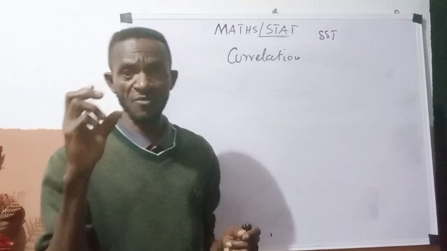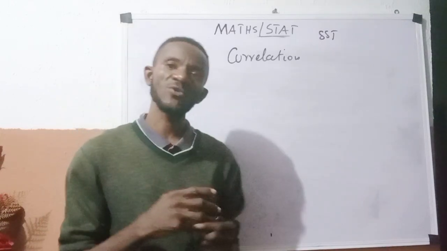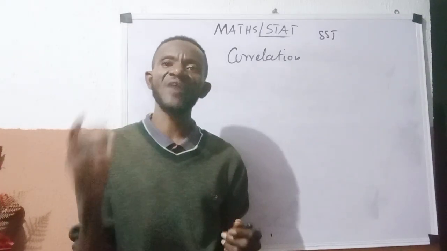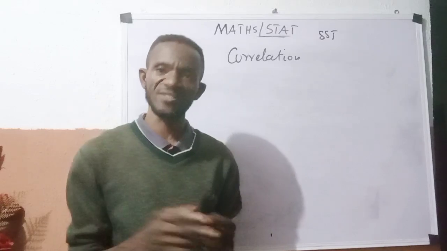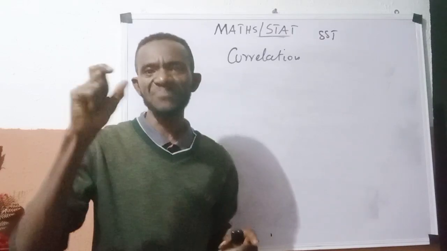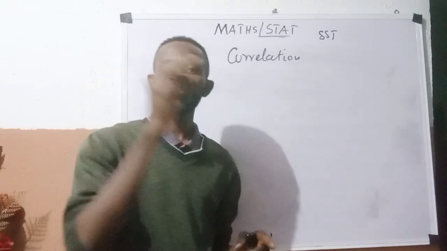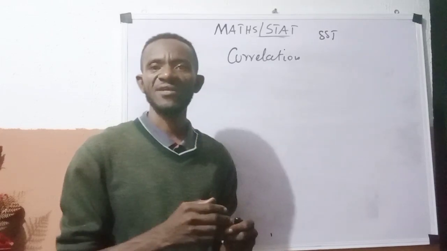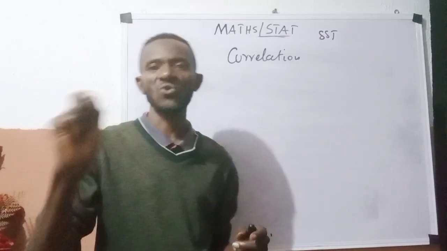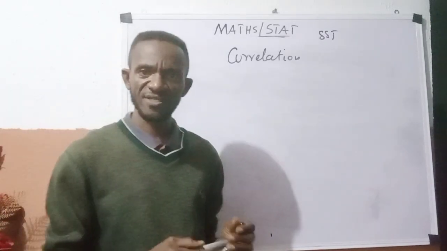There are two major formulas that we use to obtain those values. Those two formulas come from two persons: the Pearson moment correlation coefficient and the Spearman's correlation coefficient.